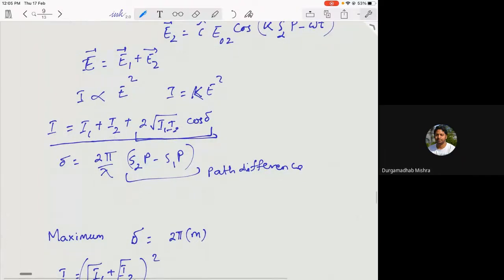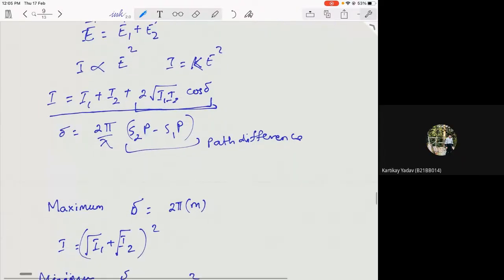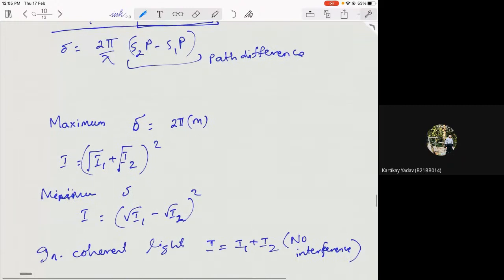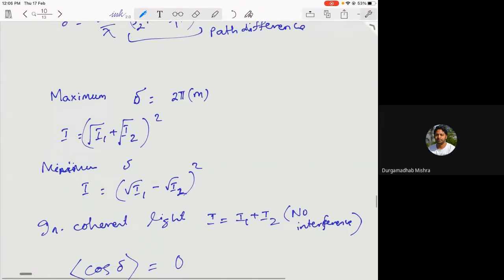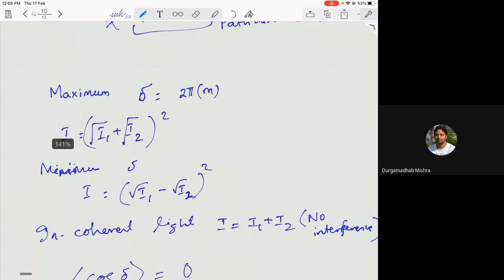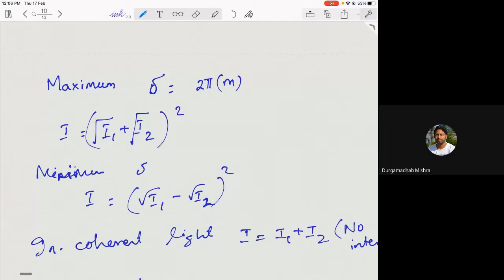If it is a coherent beam and you are seeing interference, the maximum intensity will be this much. It depends on the phase difference delta.